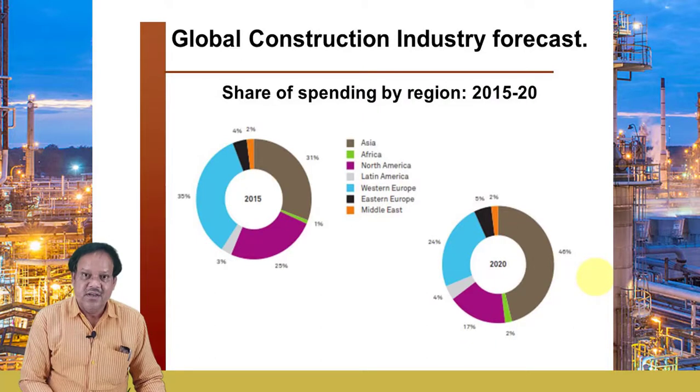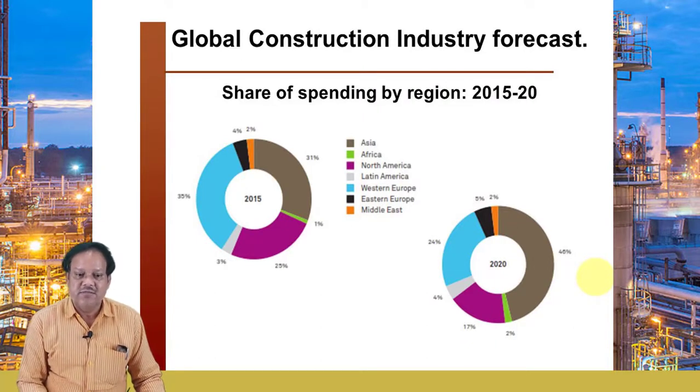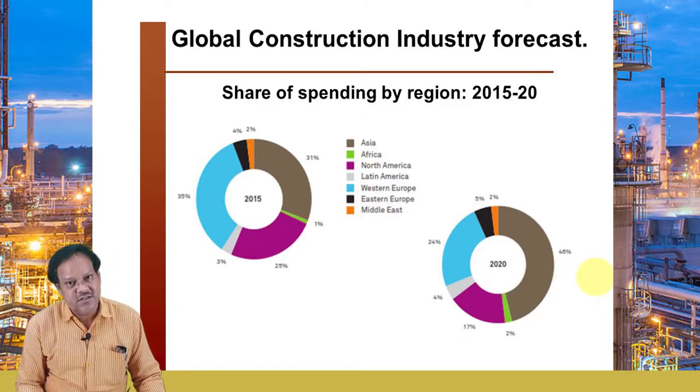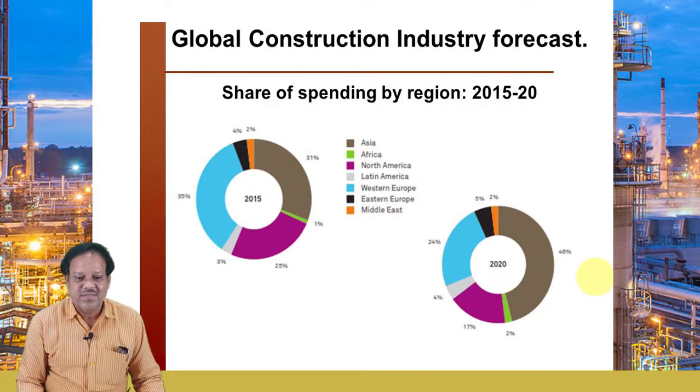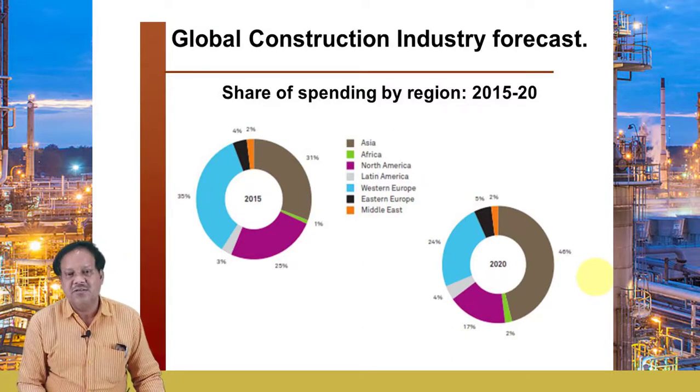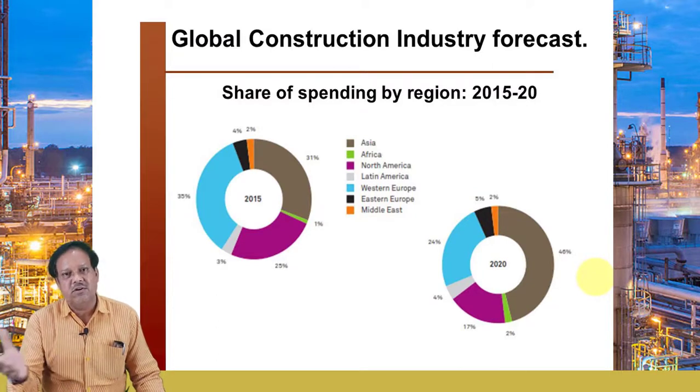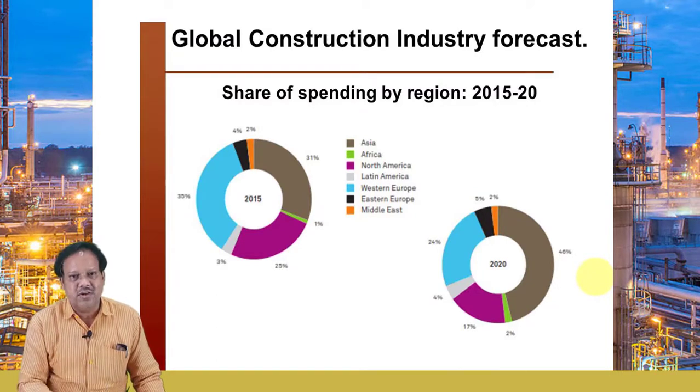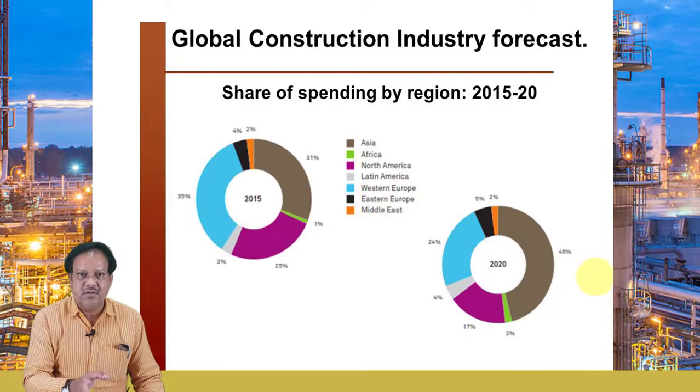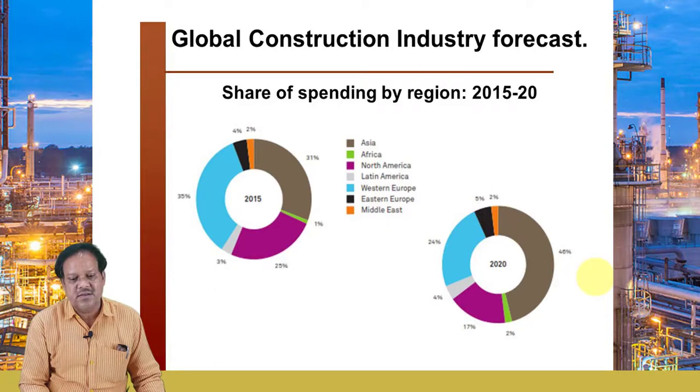Now again we would like to see what the global construction industry forecast is for the future. There is a slide with two pie diagrams, one for 2015 and another for 2020. The pie chart shows different continents like Asia, Africa, North America, Western Europe, Eastern Europe and the Middle East.